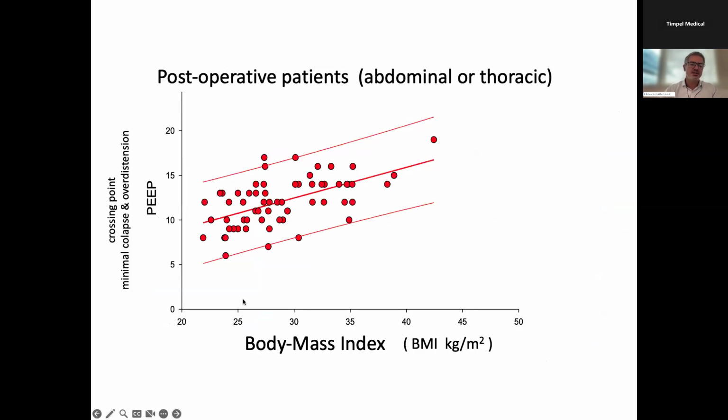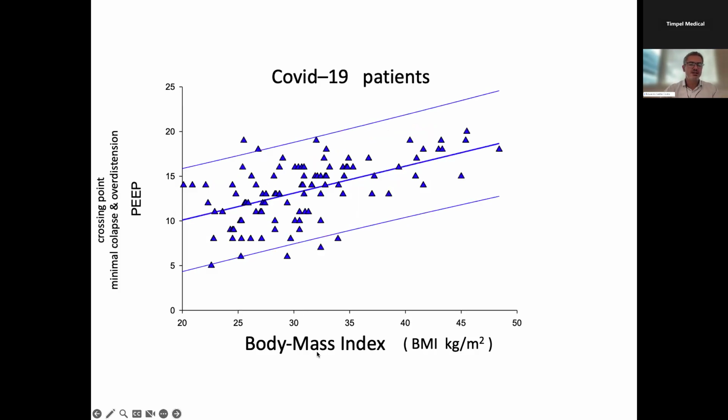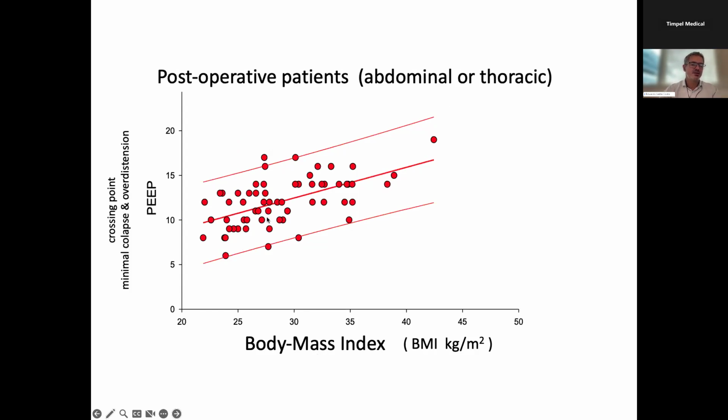So this is something that we have learned in the past couple of years, that when you look at patients with previously normal lungs, which were the patients included in this paper, submitted to abdominal surgery, if you look at the PEEP of the crossing point and you look at body mass index, there is a certain correlation, meaning that patients with higher body mass index require higher PEEP levels to avoid this collapse.